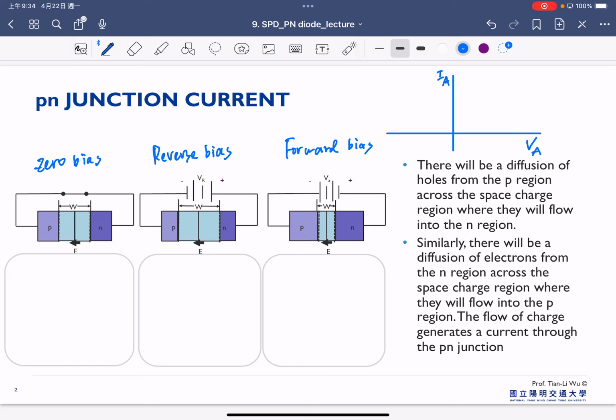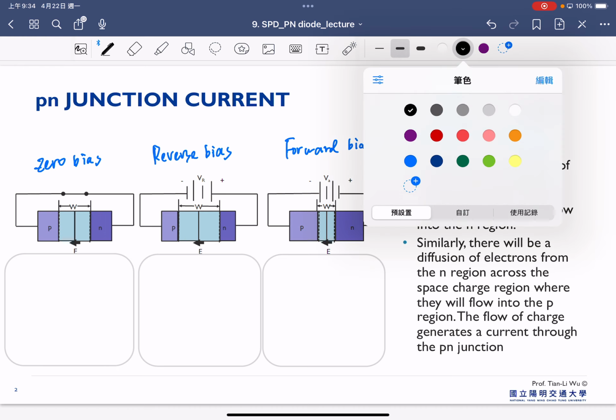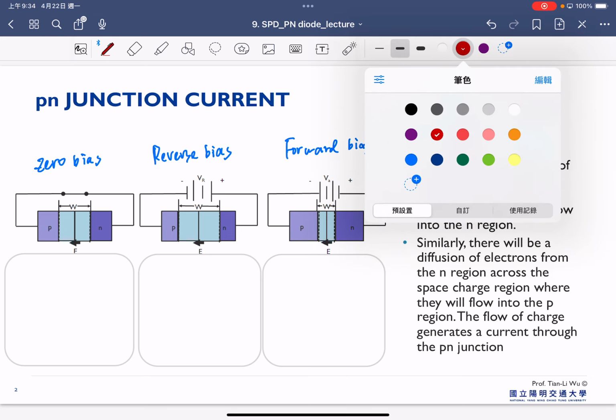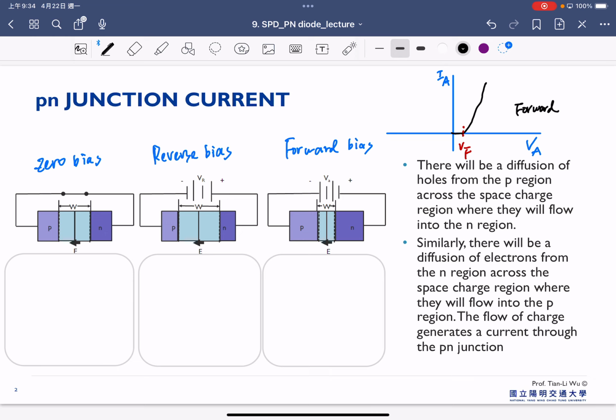Under forward bias, at a certain voltage we start to have the current increase. Usually we define this as the forward turn-on voltage. In the meantime, if we apply reverse bias, there should be no current.